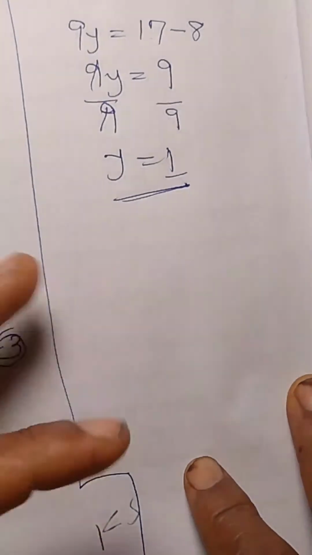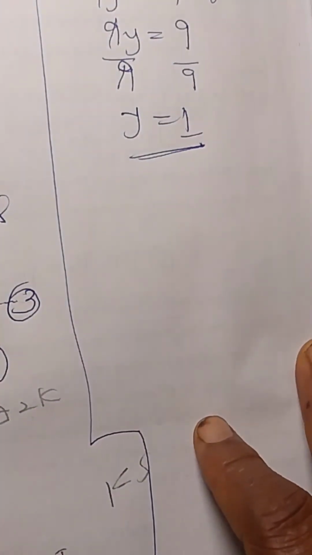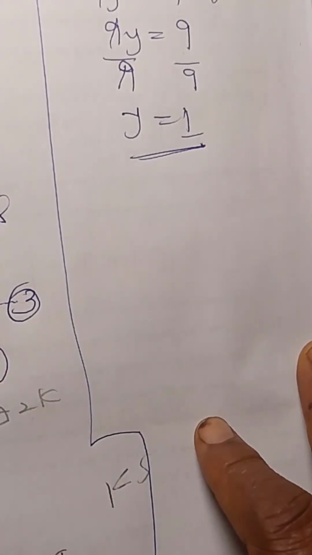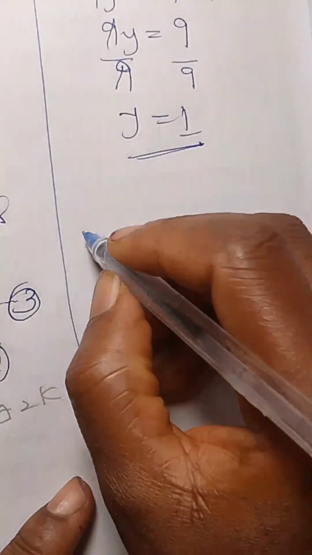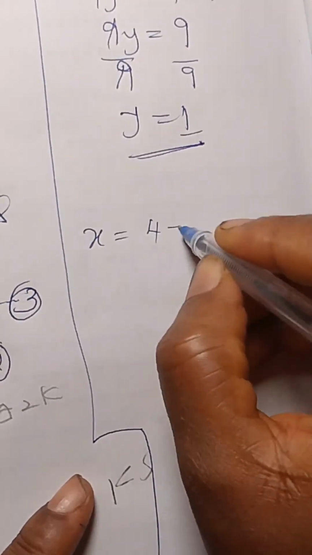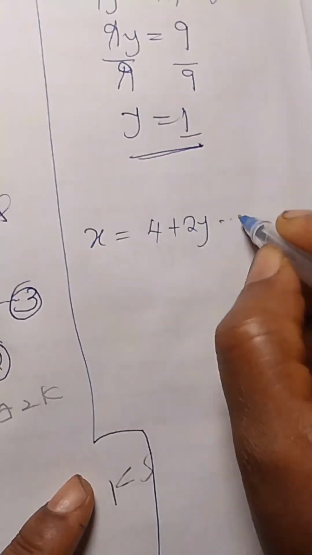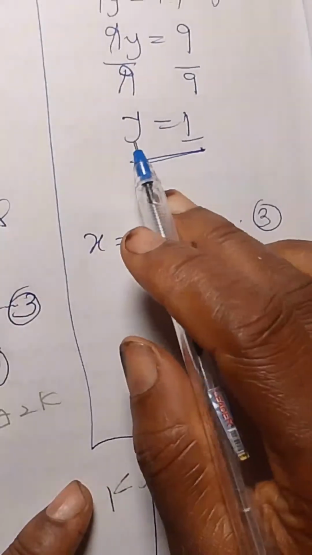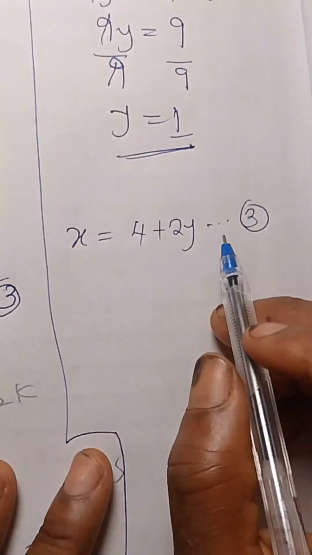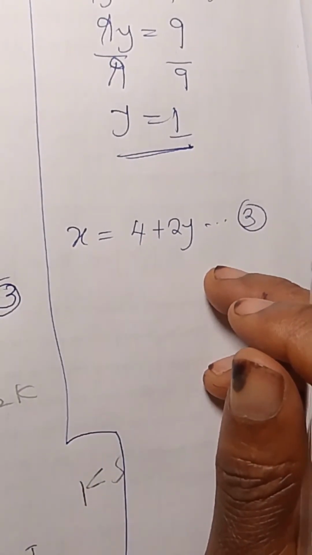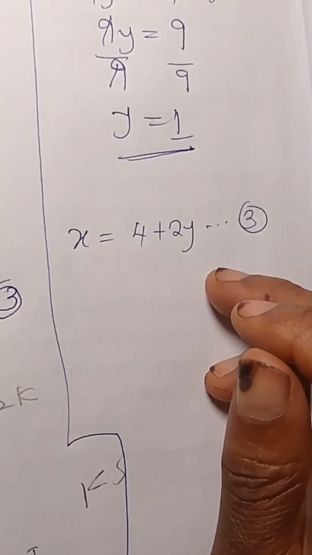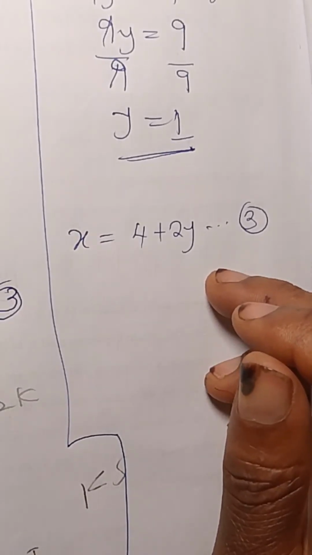Now to find our x, to find our x, we remember that our x is equal to 4 plus 2y, which is our equation 3. So we are going to substitute our y equals 1 into this x to get what our x is.